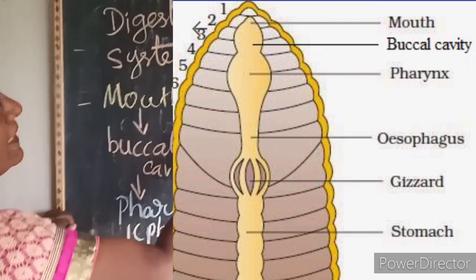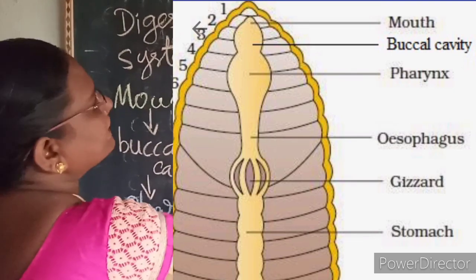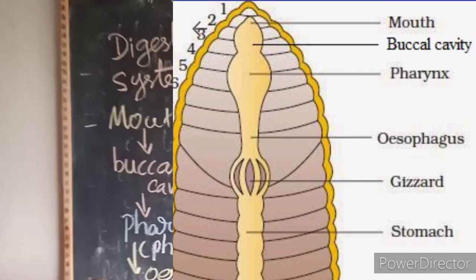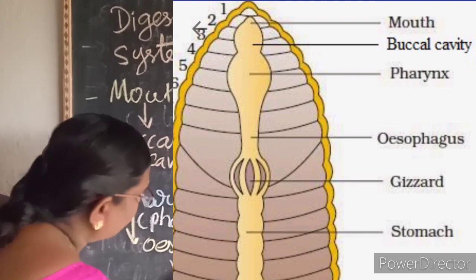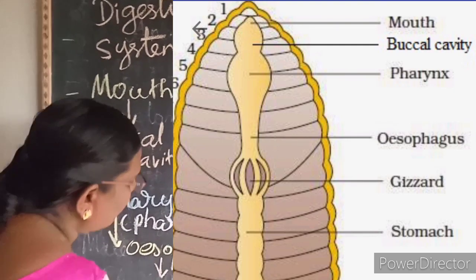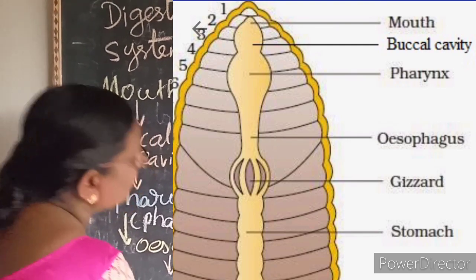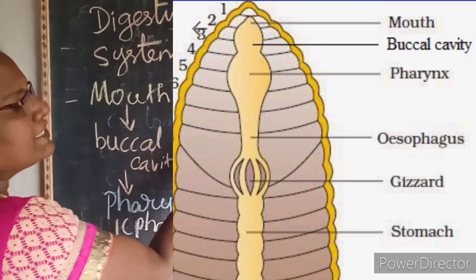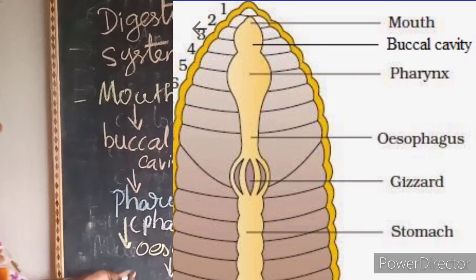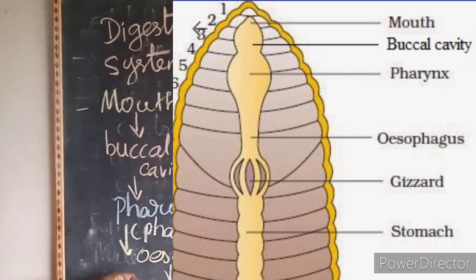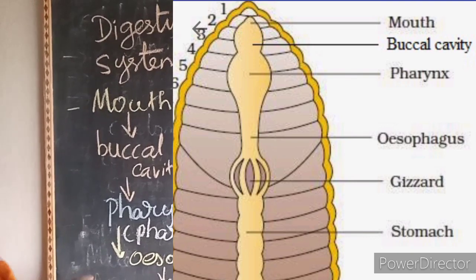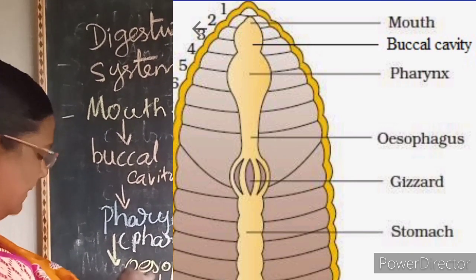In which segment is the esophagus present? The fifth segment. Then the esophagus leads to the gizzard, which is present in the sixth segment. The gizzard helps in grinding soil particles as well as decaying leaves.